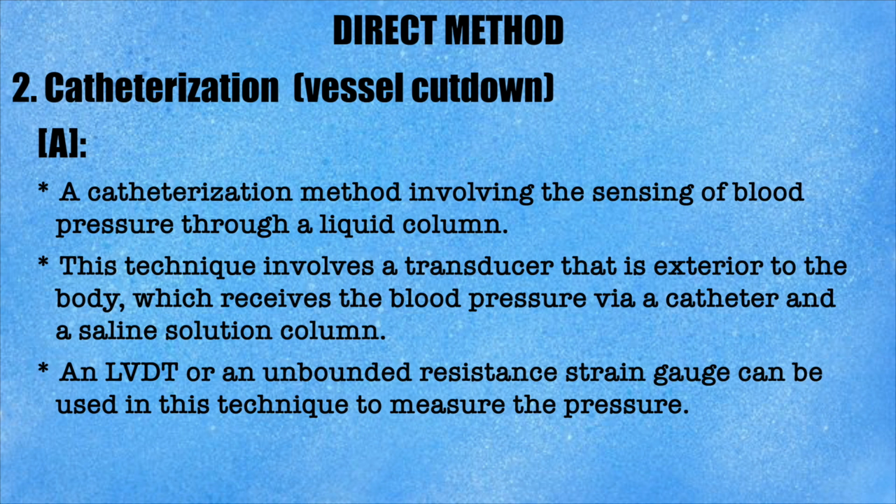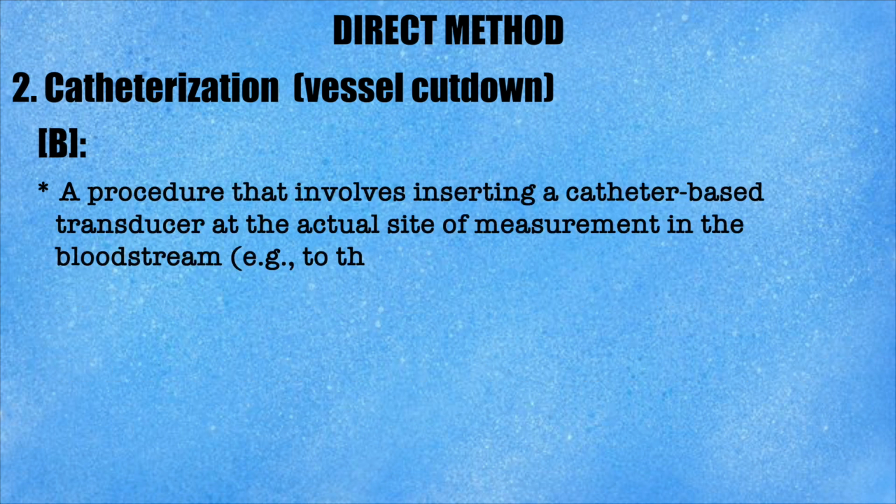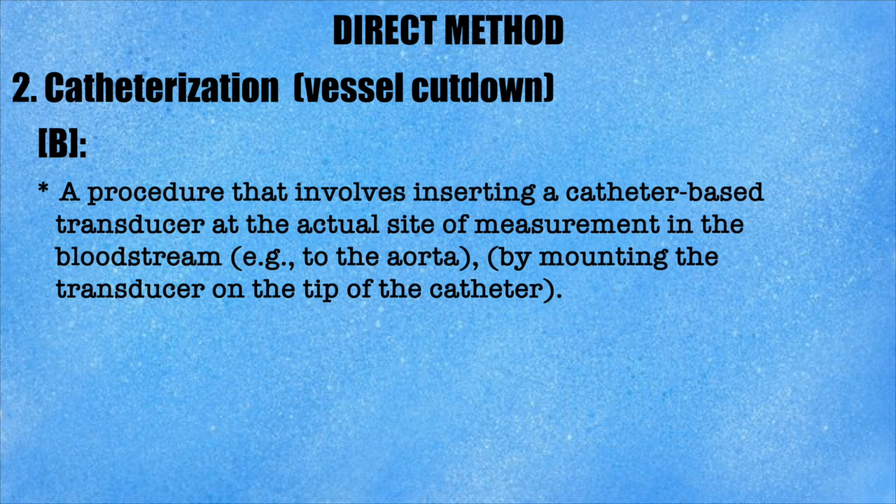Now coming to the second option, it is a procedure that involves inserting a catheter based transducer at the actual site of measurement in the bloodstream, for example into the aorta, by mounting the transducer on the tip of the catheter.